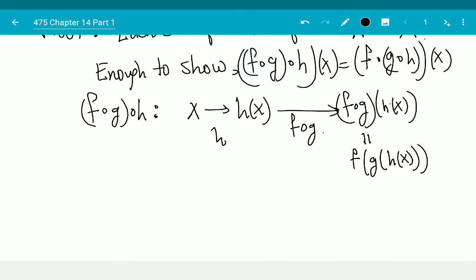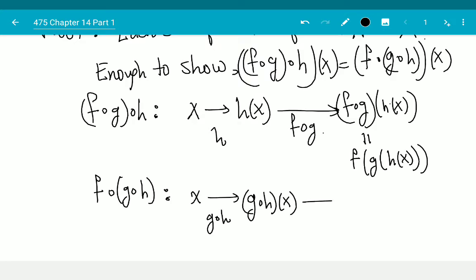Let us look at the other one, f o (g o h). Well, take an element x. It gets sent by g o h to g o h of x, which then under f gets sent to f of g o h of x, right?